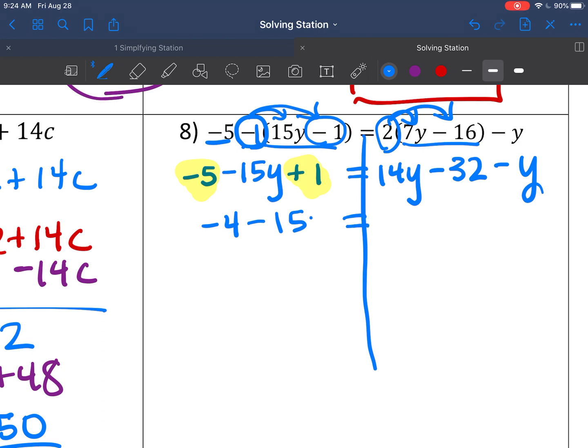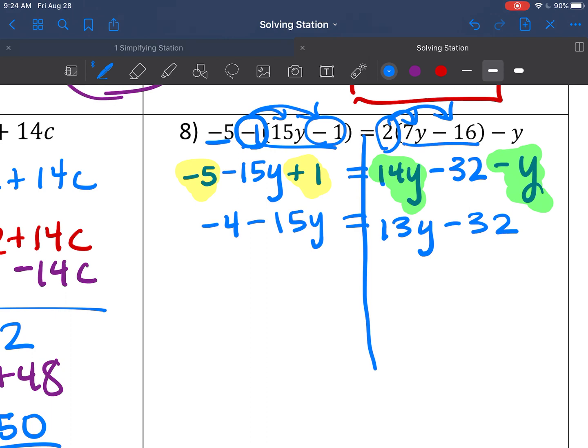If you're in debt $5 and someone gives you 1, you're now in debt 4. Okay, so the left-hand side becomes -4 minus 15y. On the right-hand side, we can combine this 14y with this -y for 13y.